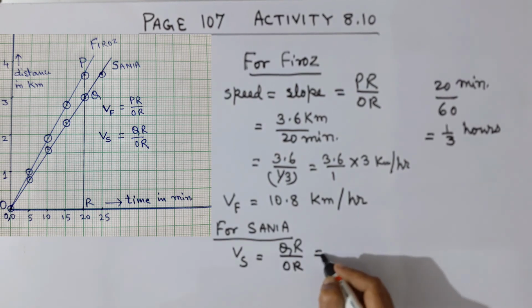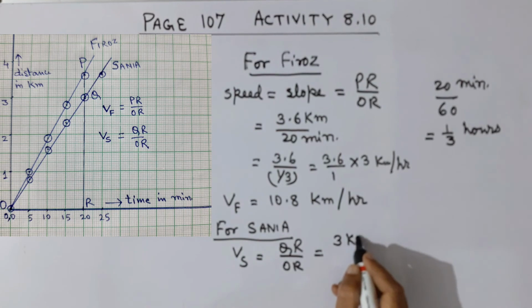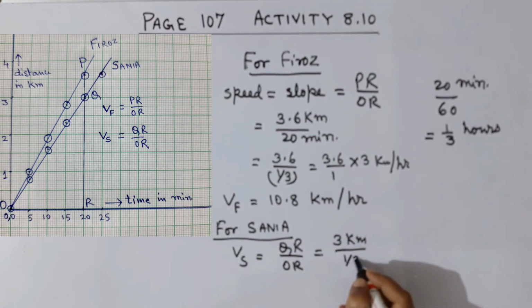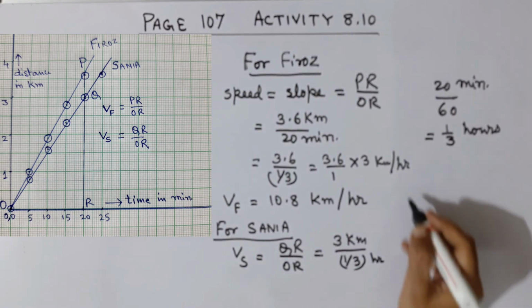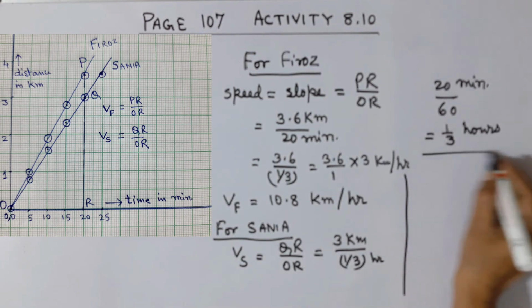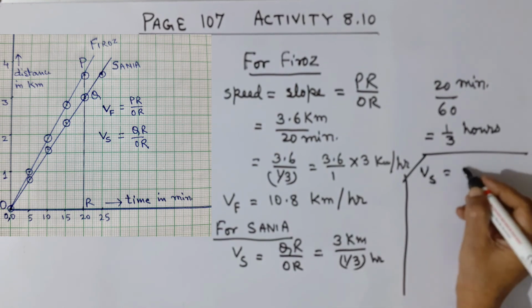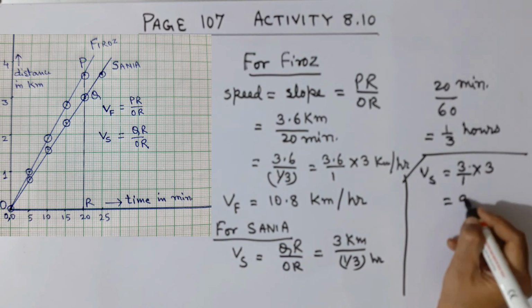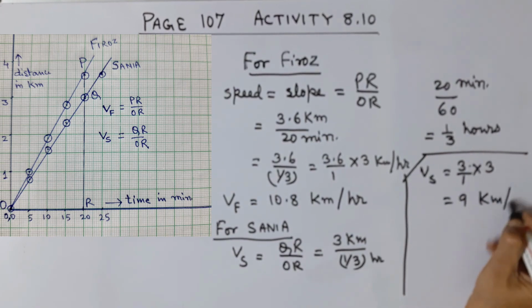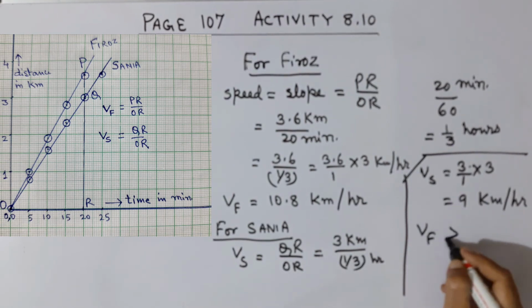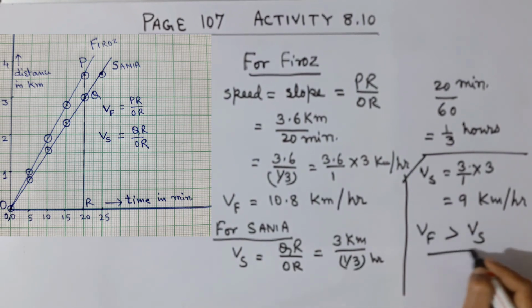This is equal to 3 kilometers divided by, again, 20 minutes, that is 1/3 hours. So VS is equal to 3 into 3, which is 9 kilometer per hour. So we can see that the speed of Firoz is greater than the speed of Sania.